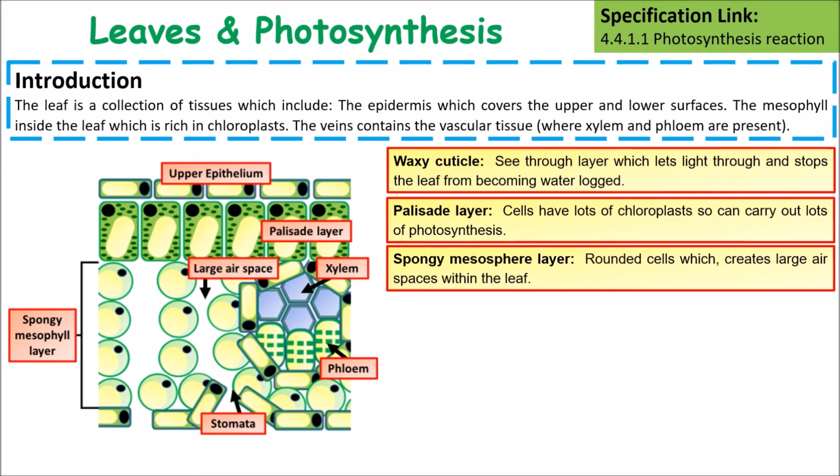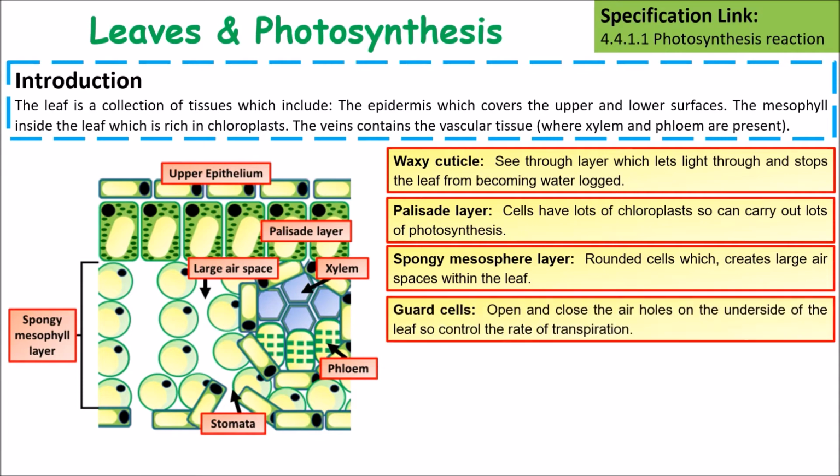The spongy mesophyll layer. Spongy mesophyll cells are rounded, so that creates large gaps and air spaces in them. That allows for gaseous exchange, so exchange and diffusion of carbon dioxide and oxygen to take place. You've got guard cells. Guard cells open and close the stomata, so help control the rate of transpiration.